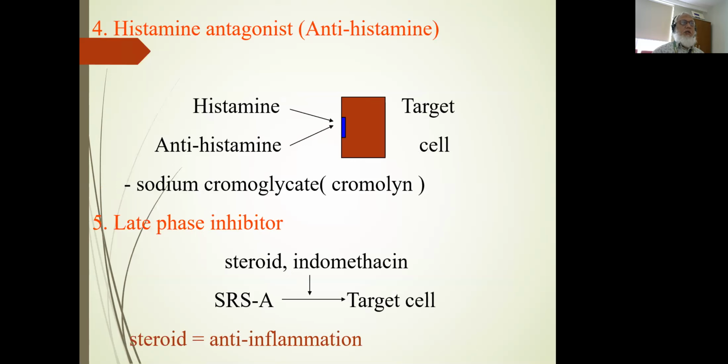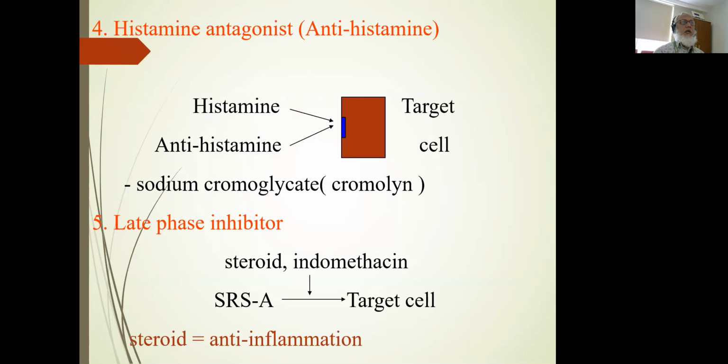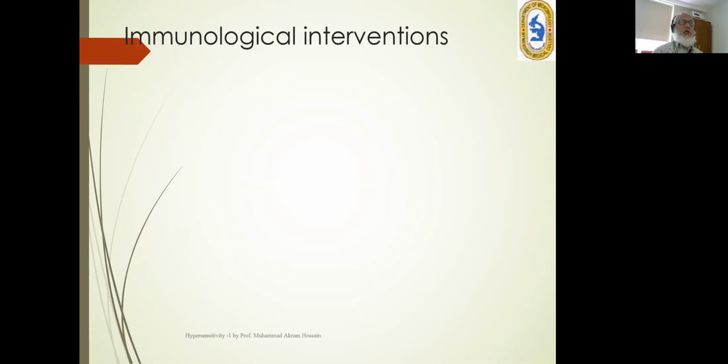And there are some chemical treatments also: inhibition of mediator release, histamine antagonists like antihistamines, and late phase inhibitors like steroids. You see antihistamine, cromolyn sodium, theophylline, epinephrine, cortisone, these are chemical treatments of type 1 hypersensitivity. But we are interested in the immunological intervention.